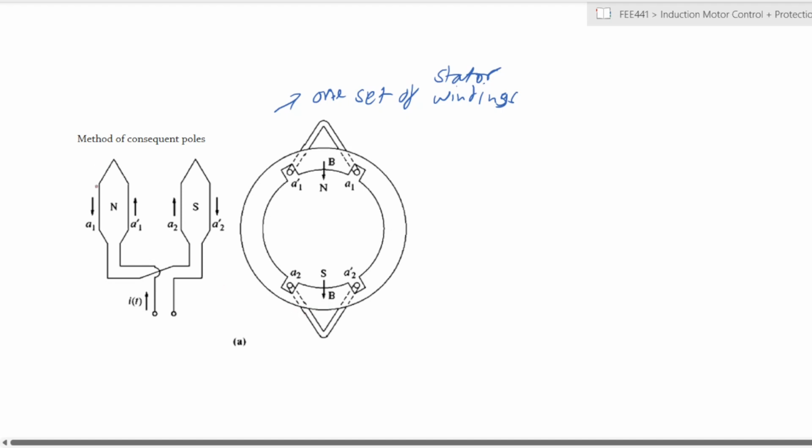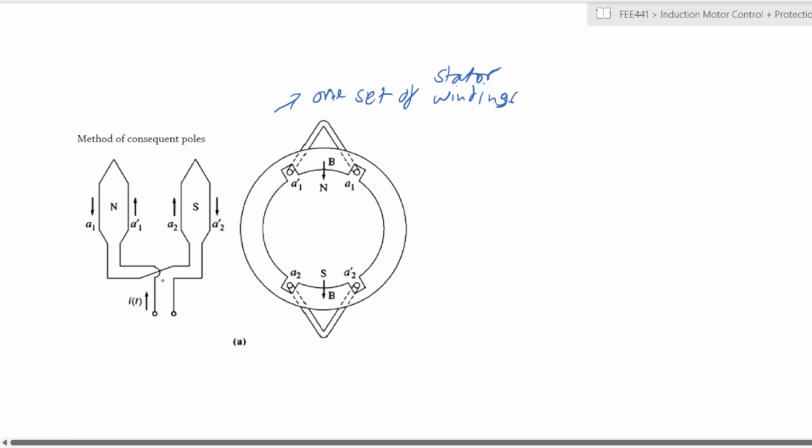If you have the current flowing in this direction at this instant, IT, the windings then would have current flowing in the direction that is shown.